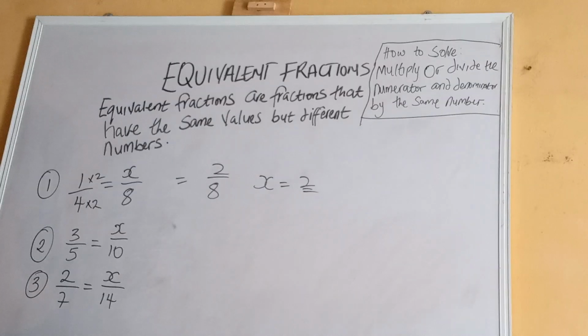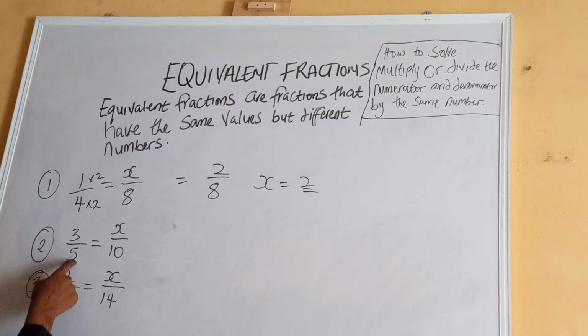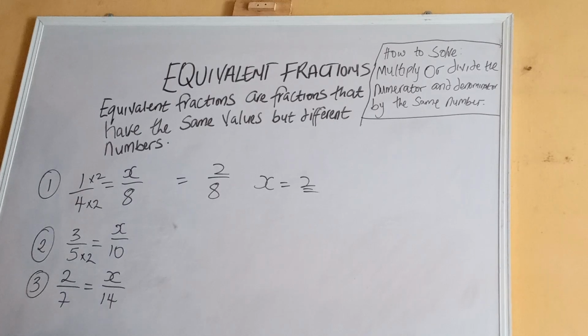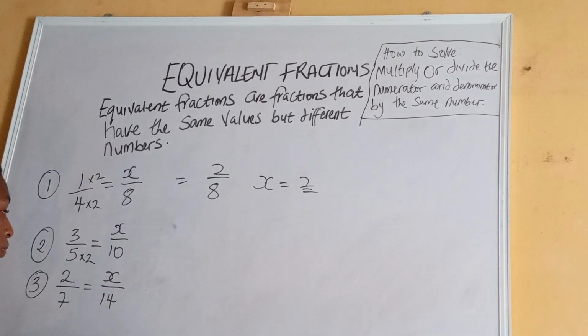Do you understand? We are doing it again over here. What can I multiply by 5 that will give me 10? Again, that's why you have to be good with your multiplication table. You know that 5 times 2 will give you 10. And as per the equivalent rule, whatever you do with the denominator, you have to do with the numerator. So you multiply this 3 here by 2.